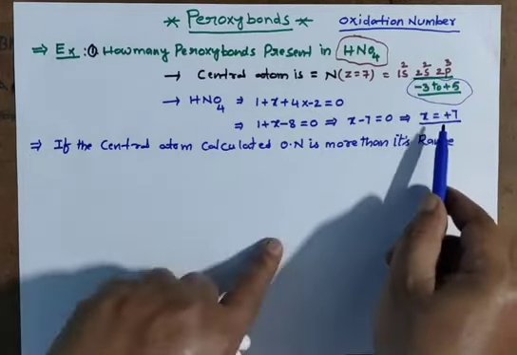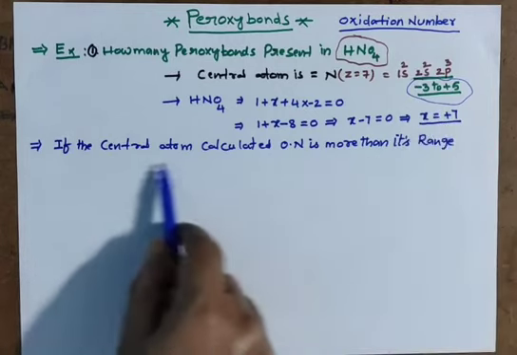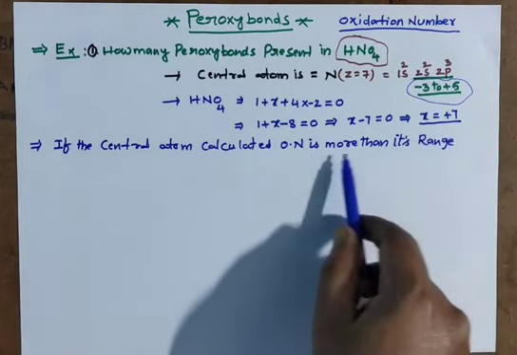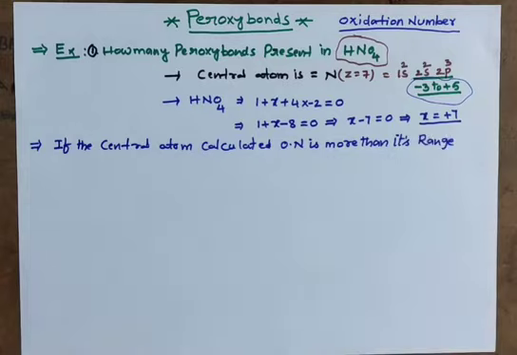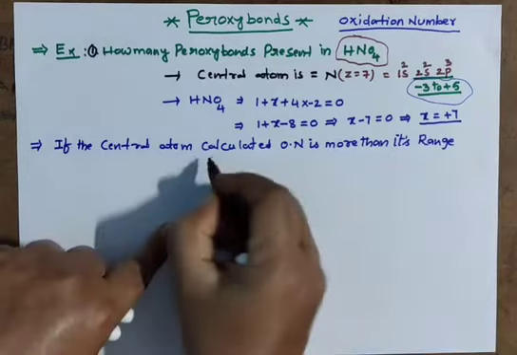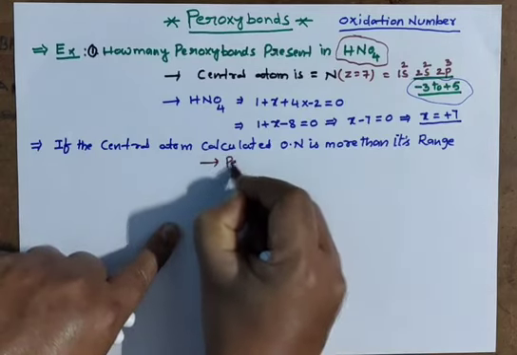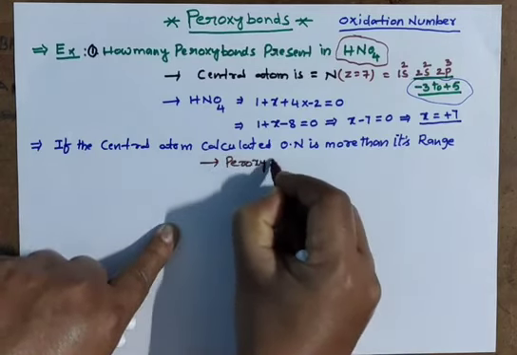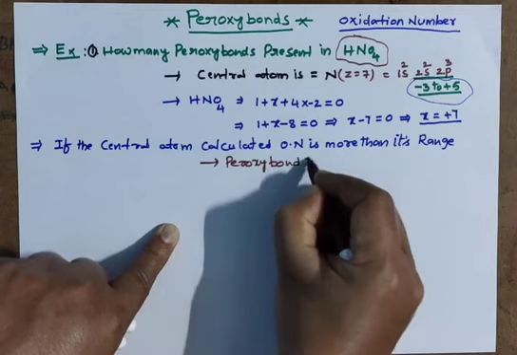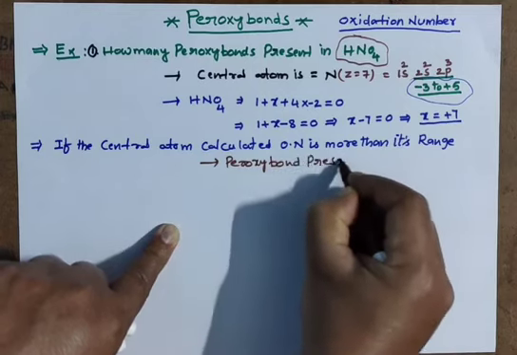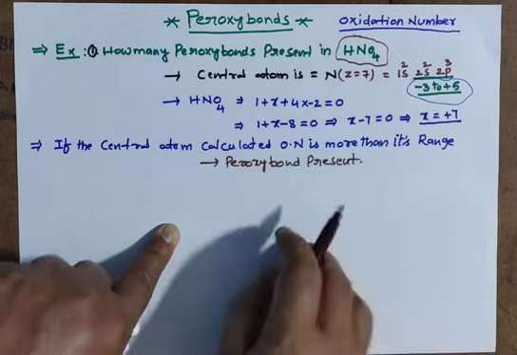But how much did we get? +7. So if the central atom's calculated oxidation number is more than its range, then a peroxy bond is present.